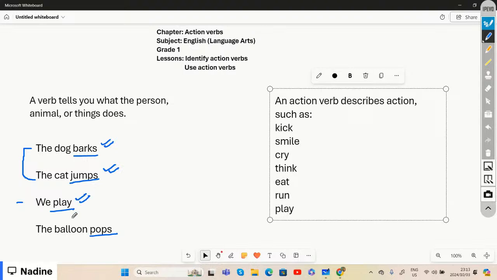We play outside because it's a beautiful and hot day. Yes, eat is an action verb. Well done. And the balloon, what's the balloon doing? It pops one by one. Those are action verbs. It tells us what the person, animal, or thing does. It's an action verb.